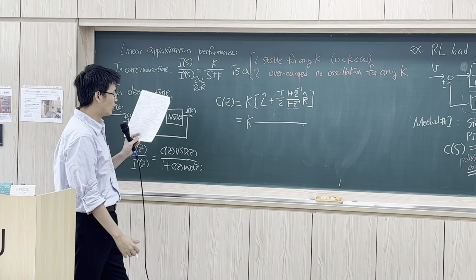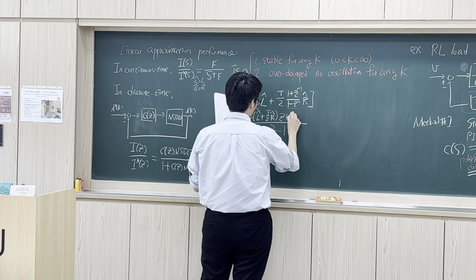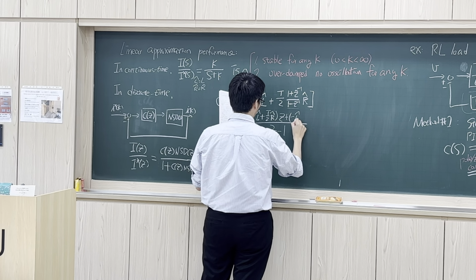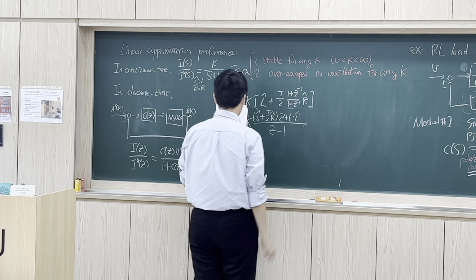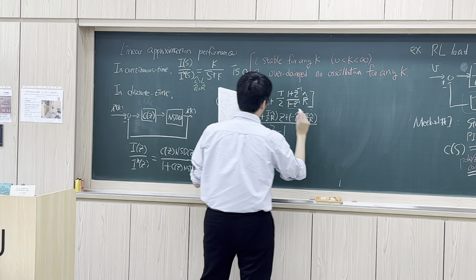The transfer function has the denominator Z minus 1, over (L hat plus T over 2 R hat) Z minus (L hat plus T over 2 R hat).